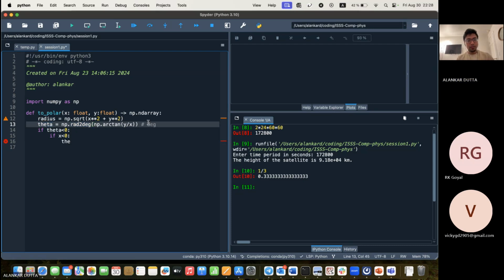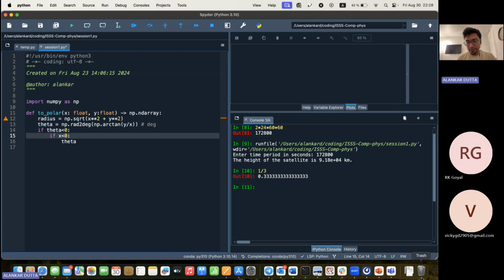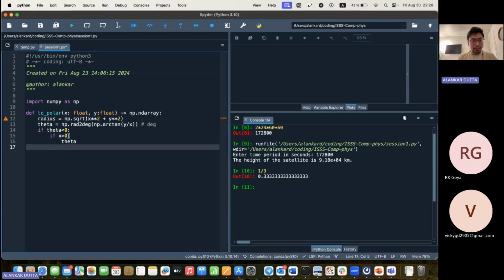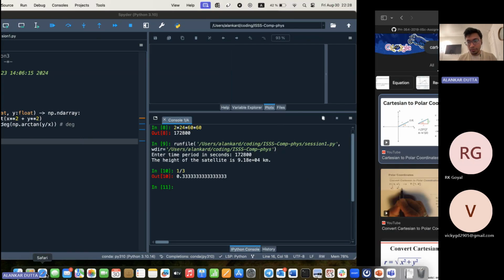So just for a comment, what I'm going to do in here is, I now know that my x is negative. So let's rather start with the positive one. If my x is positive and my theta is negative, then I know that I am in the fourth quadrant. Let me go back again to the illustration.